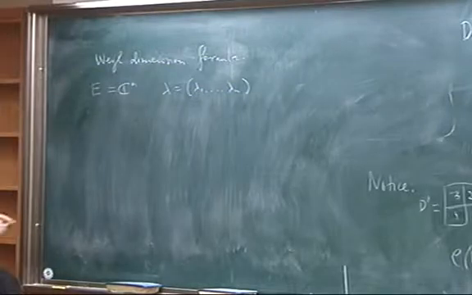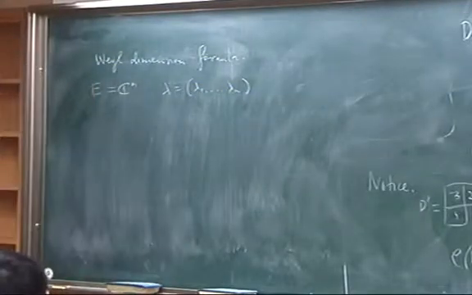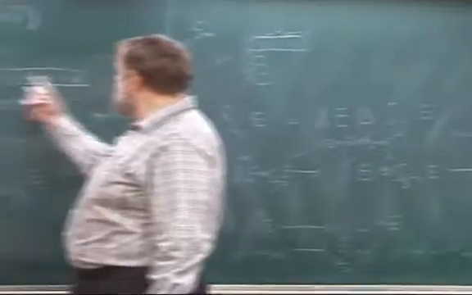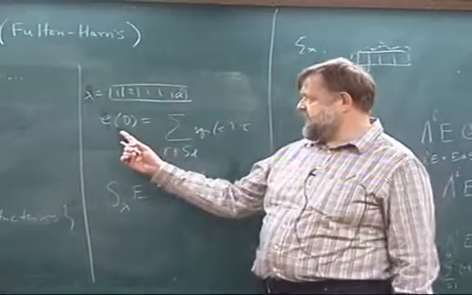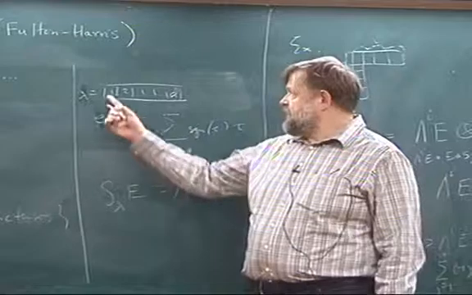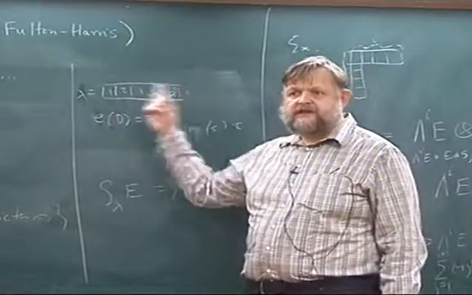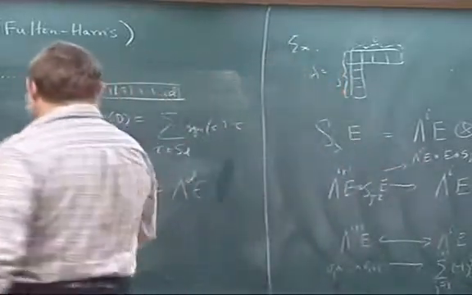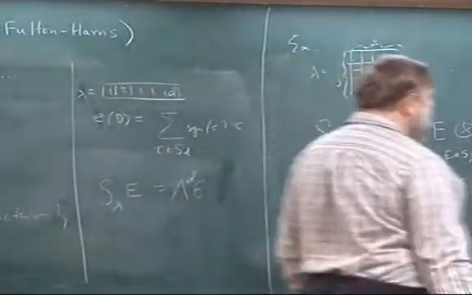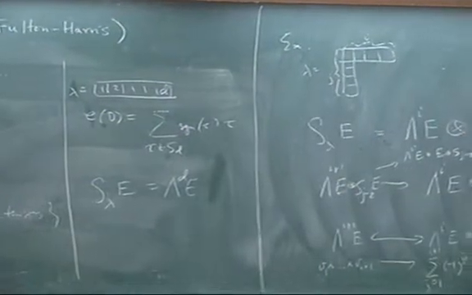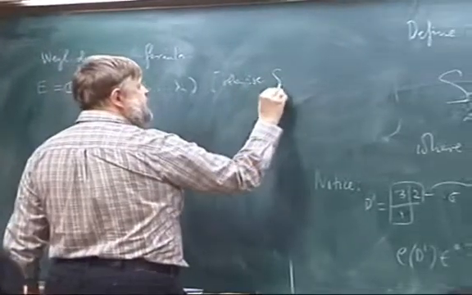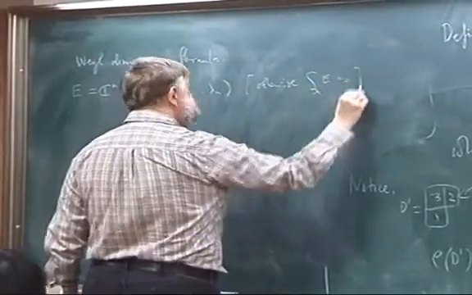I should point out that all the partitions we'll ever see will have at most n parts, because the column cannot be longer than n, because our space is n-dimensional. If I have d bigger than n, you cannot anti-symmetrize; you get 0 when you anti-symmetrize. So we only get partitions lambda_1 through lambda_n; otherwise S_lambda E is equal to 0.